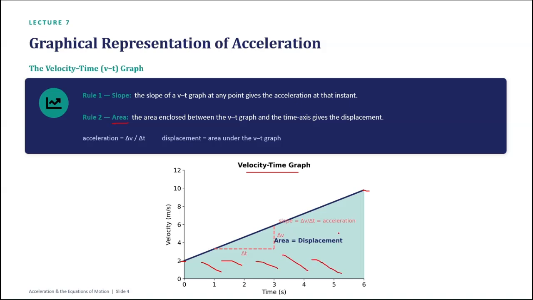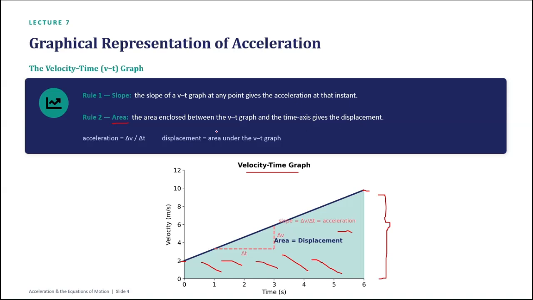This whole region is the area enclosed by the velocity time graph. So the area enclosed between the velocity time graph and the time axis gives the displacement.